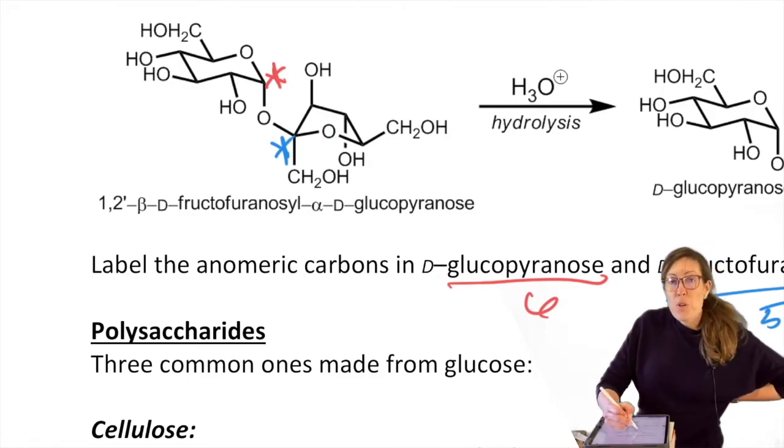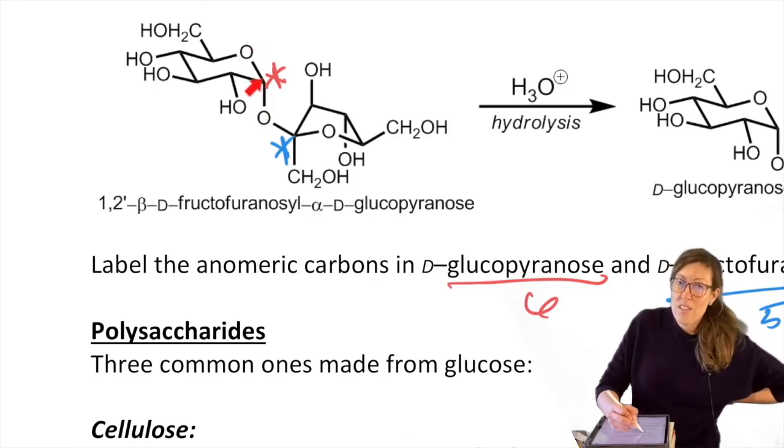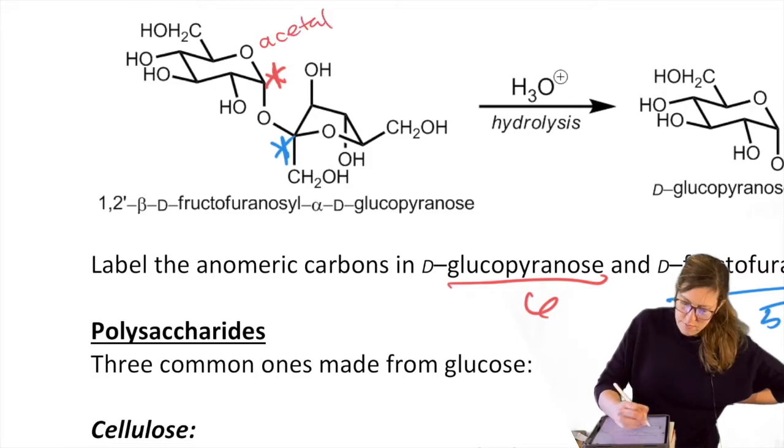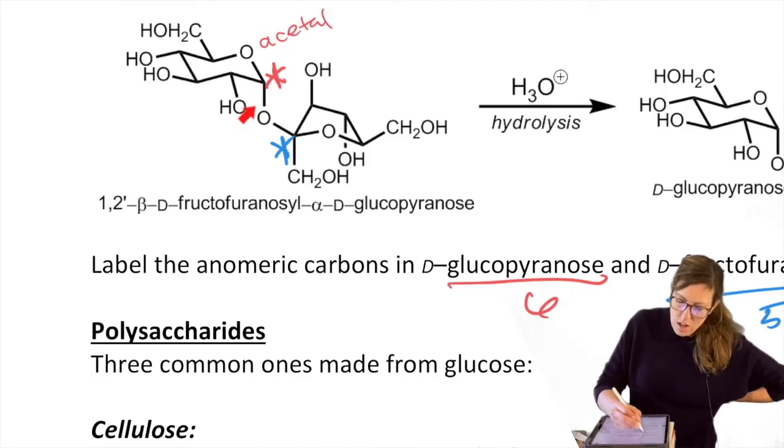You look for 2 O's on the same carbon, and that happens at the anomeric site usually. Anomeric carbon, 2 O's. If one of them is an OH, then it's a hemiacetal. But if they're both ORs, it's an acetal, right? So OR, OR, acetal. Do that again. O, R, O, R. Another acetal. So there's no hemiacetal present.